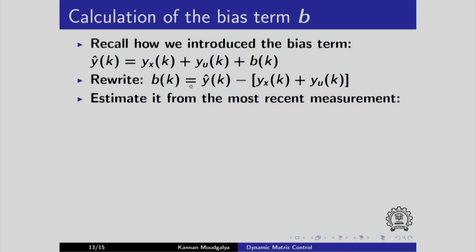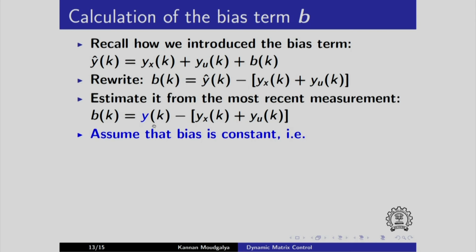So, what we will do is we will estimate this y hat of k as y of k, and then we will subtract this yxk plus yu of k. So, this is the bias term. It is obtained from this expression by replacing y hat with y.